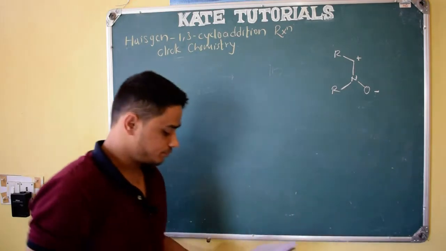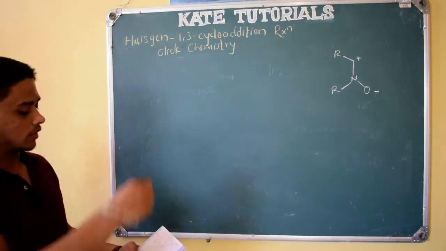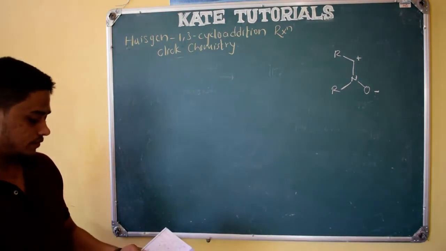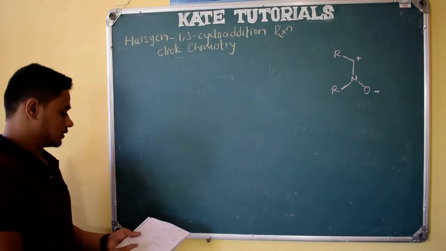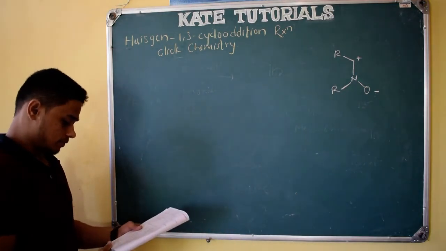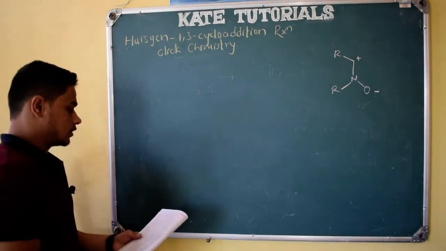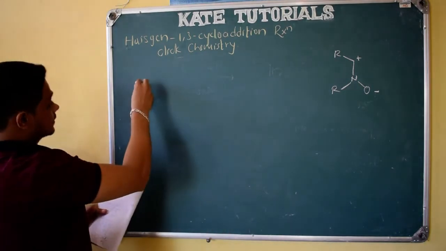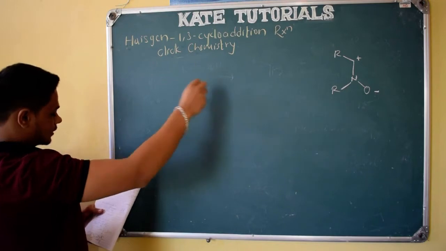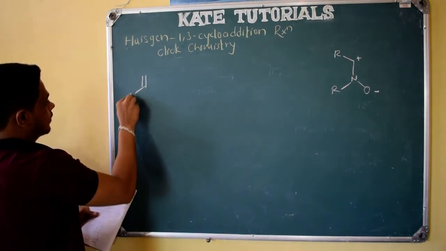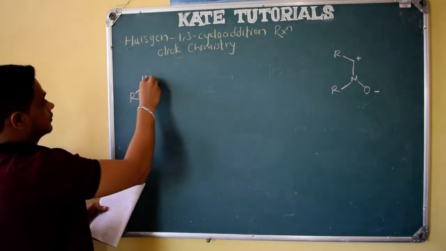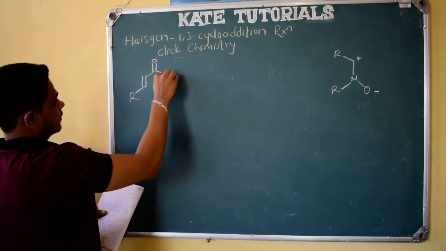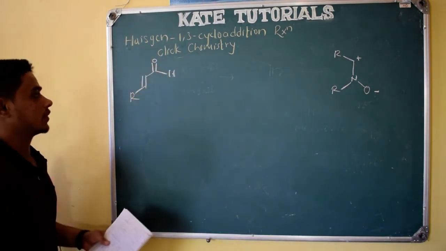So let us see an example using this only, right? Using this or not using this, right? So here what they have given, with the same structure, see here, that dipolar species, along with it they have taken this compound, and we know that this will be electrophilic, right?